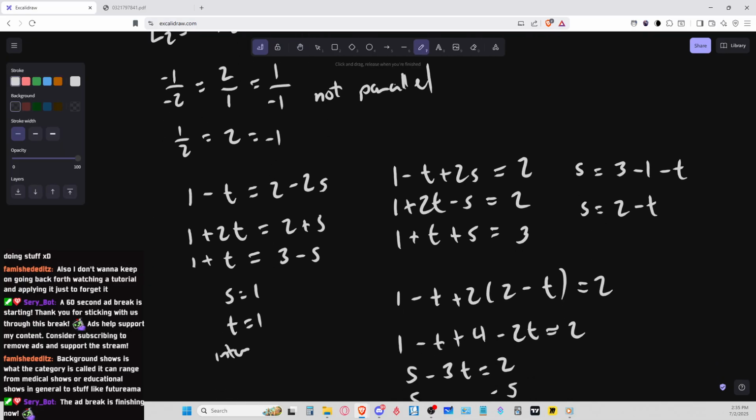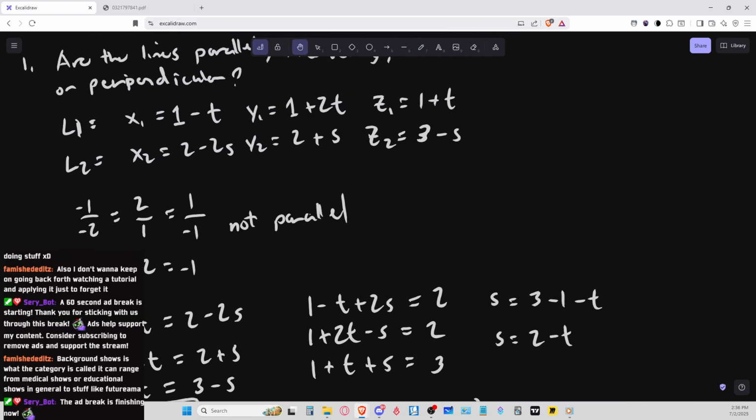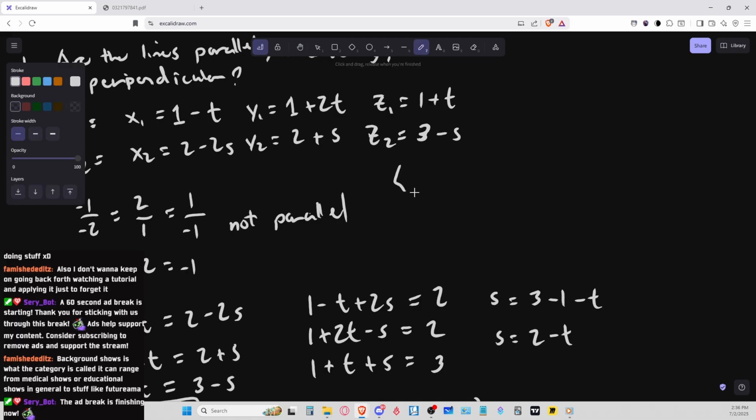So they intersect. That's a given. Now we just have to see if they're perpendicular to each other. If not, then we already know their answer. So this one is vectors -1, +2, and 1.